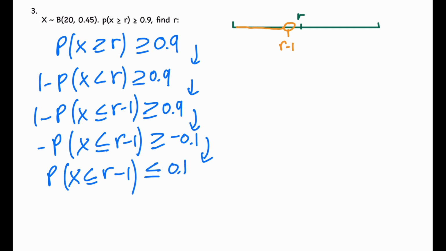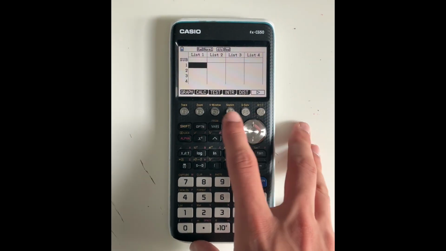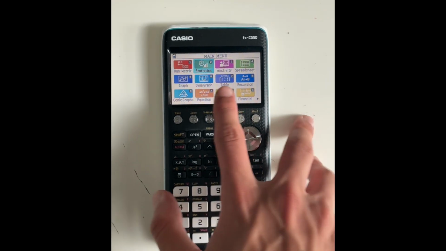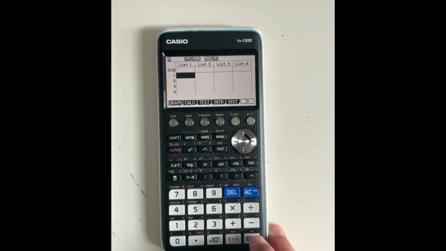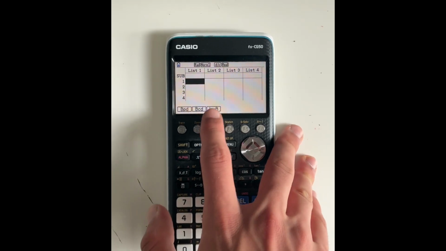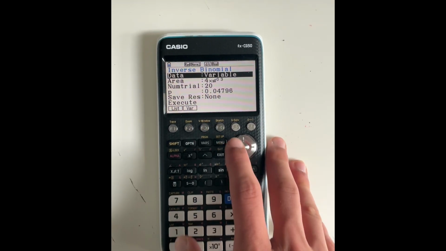And now, all you have to do is put your values into the calculator. So I'll show you how to do that now. To use inverse binomial, you'll start up your calculator. You would go, again, menu, then statistics, then distribution, binomial, and then InvB, which is inverse binomial.